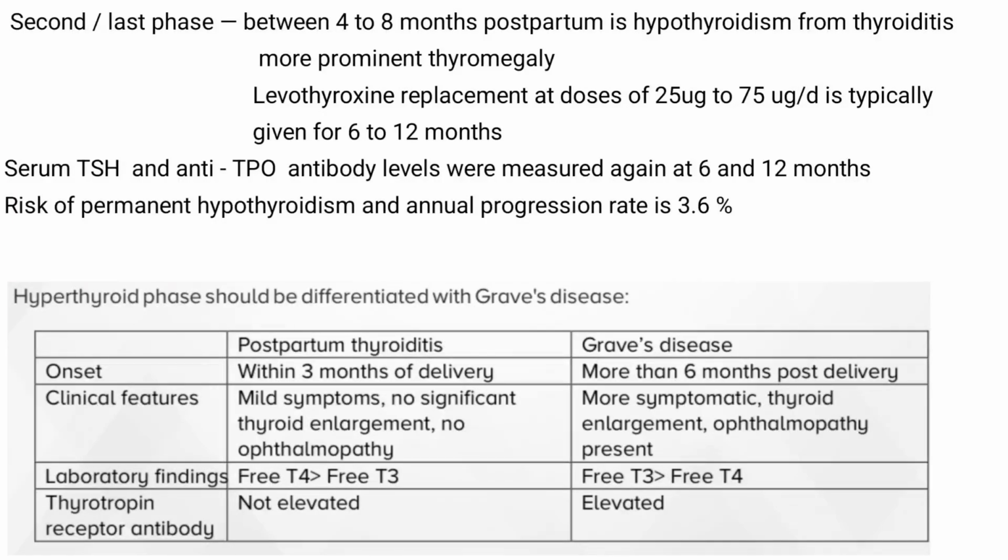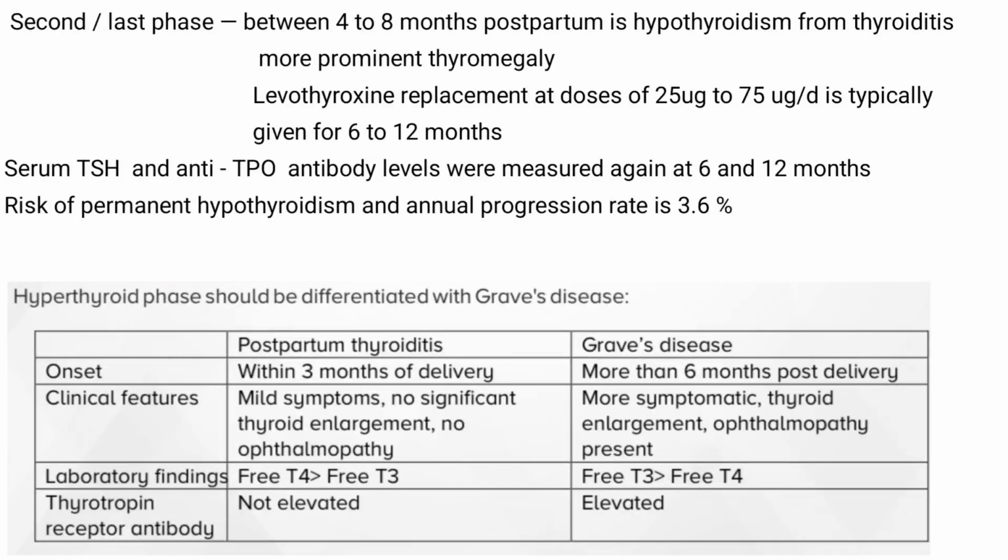The hyperthyroid phase should be differentiated from Graves' disease, because both present with hyperthyroidism features. In postpartum thyroiditis, the hyperthyroid phase occurs within 3 months of delivery, and in Graves' disease, features of hyperthyroidism appear more than 6 months post delivery. Postpartum thyroiditis symptoms are mild, while symptoms are more pronounced in Graves' disease.